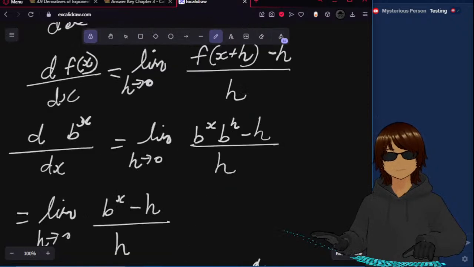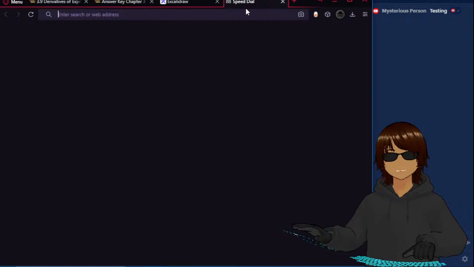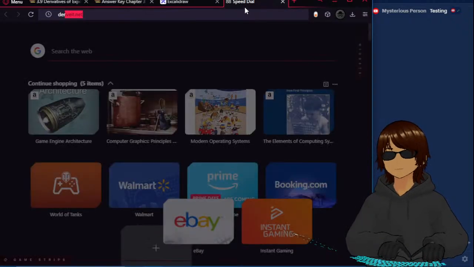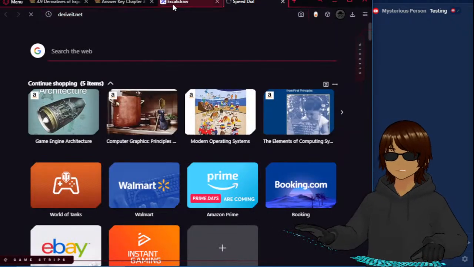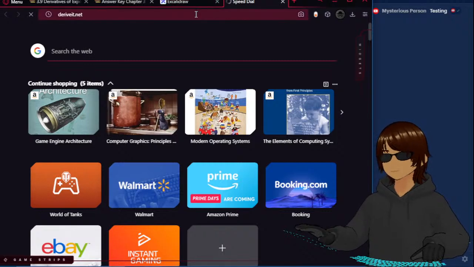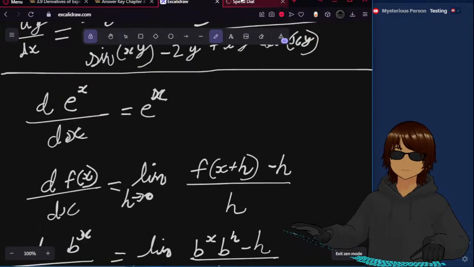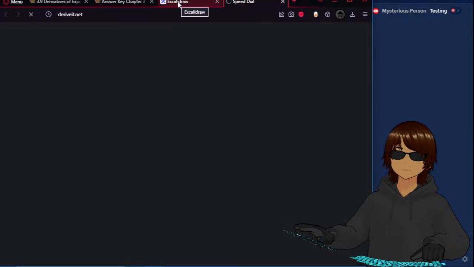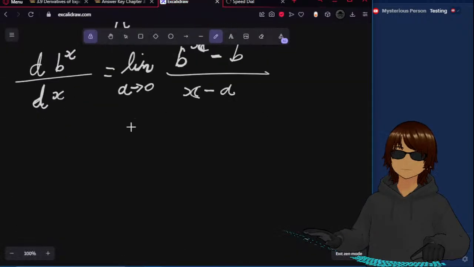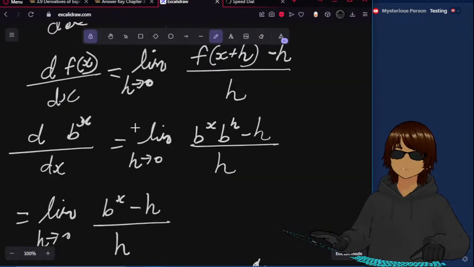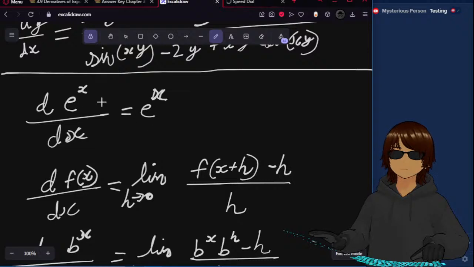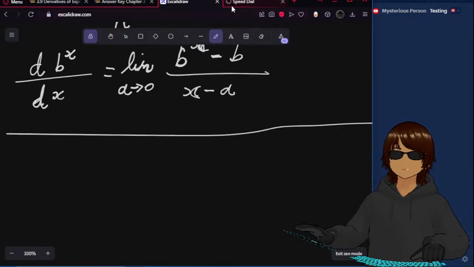And then wait, let me check something. I need to see the definition of E. I know E is defined as such a number that derivative is itself.